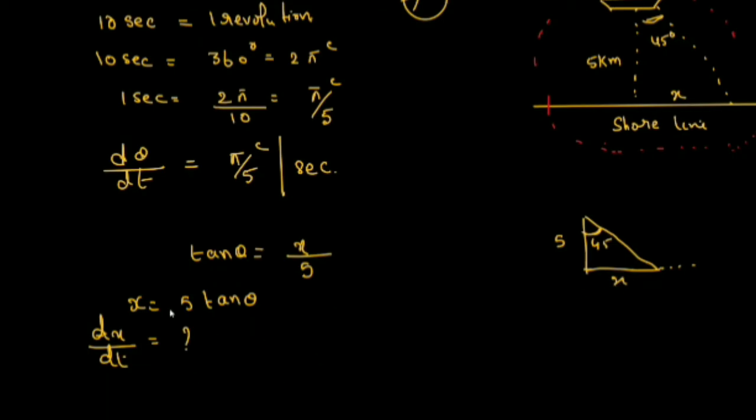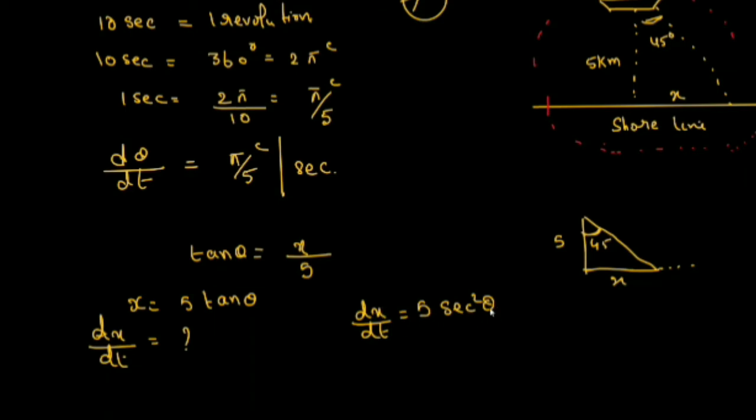So dx by dt means just differentiate this. You get dx by dt is 5 into the differentiation of tan theta, which is secant square theta. Theta is a variable here, and we are differentiating with respect to t, not with respect to theta. The rate of change of the side, that is how fast the side is increasing with respect to time, in 1 second how much it is increasing.